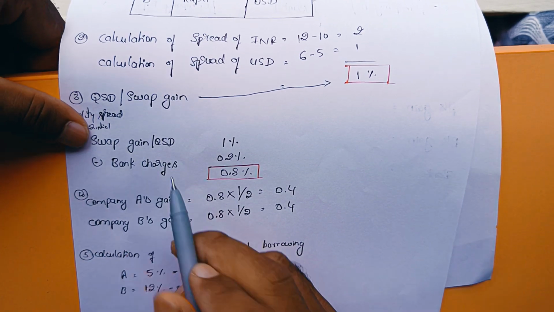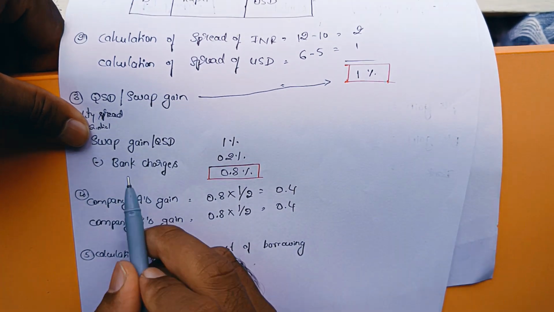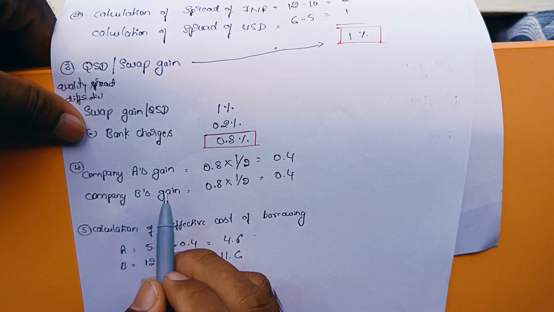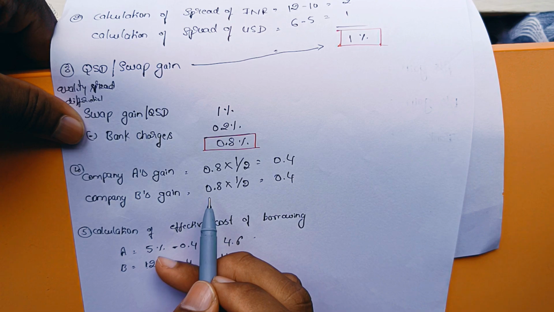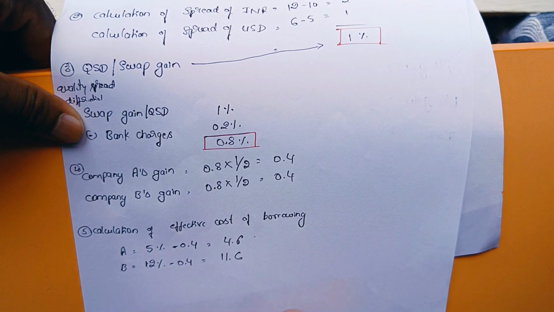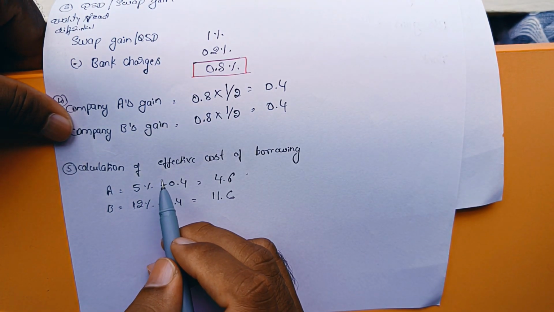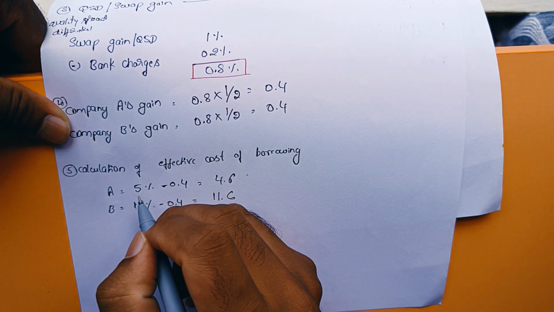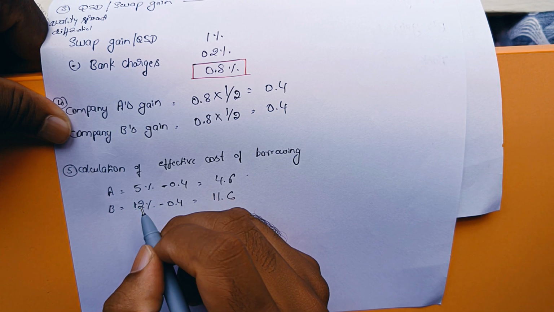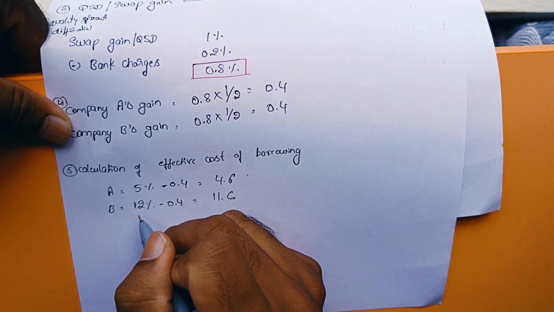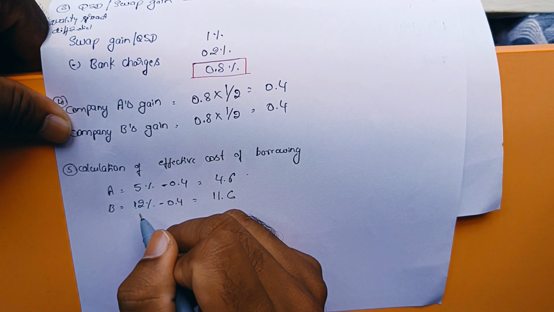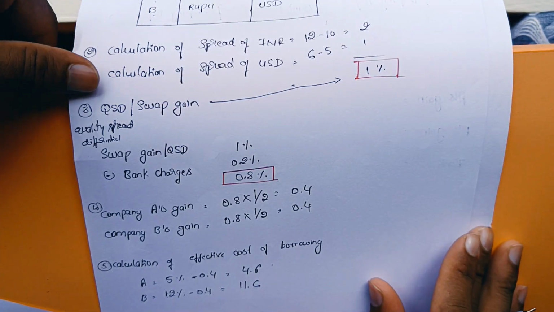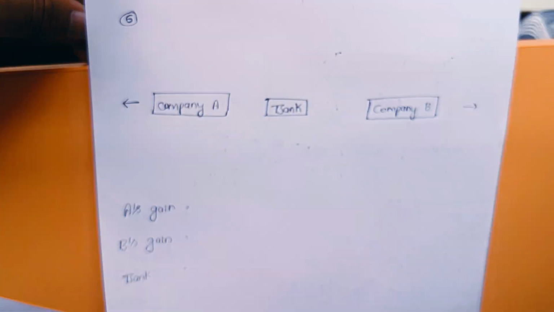And then calculate the swap gain. Swap gain is already calculated. Then deducting the bank charges, we got the gain, and that should be equally distributed to these two. Since nothing is given in the problem, it is considered as equal. Then coming to the calculation of effective cost of borrowing. If the company had gone without the swap, it could have paid 5%. Company B without the swap could have paid 12%, but now it's paying only 11.6. That's it.